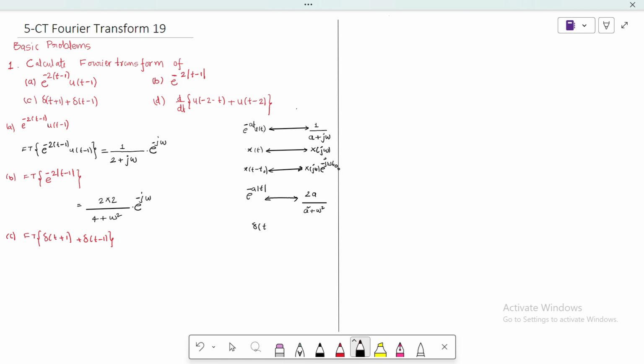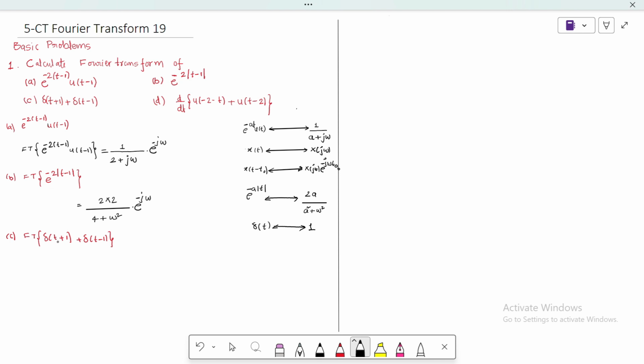These are the basic signals. You should remember all the Fourier transforms of these basic signals: e power minus a u of t, e power minus a mod t, and del of t. In revision, we will write all formulas in one table and I will explain. So del of t, its Fourier transform equals 1.